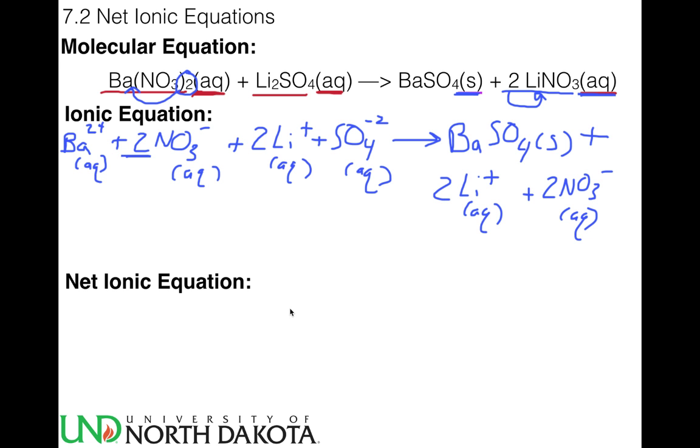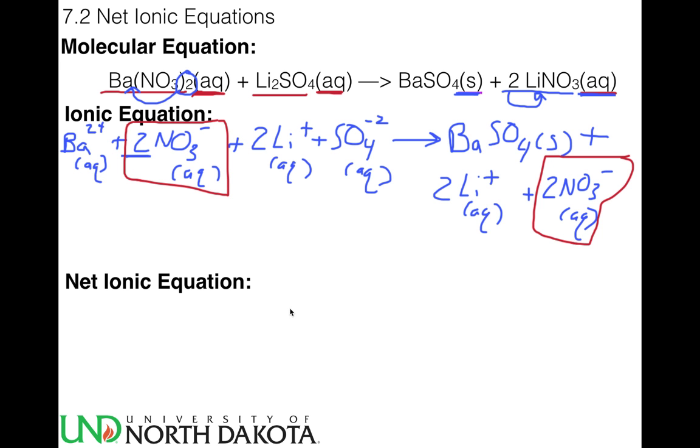For instance, we have 2 NO3 minus aqueous ions on our reactant side and 2 NO3 minus aqueous ions on our product side. Because we have the exact same thing on both sides of the reaction, it has not changed, and so we will not express it in our net ionic equation.